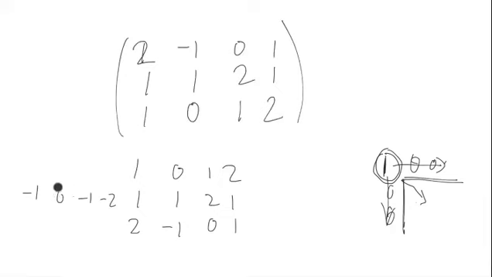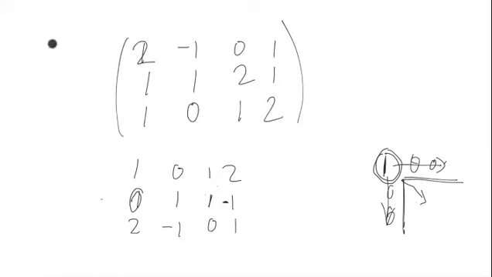As we do so, negative 1 and 1 is just a 0. A 0 and a 1 is just itself. Negative 1 and 2 turns into a 1. And then negative 2 and 1 becomes a negative 1. Okay, so we just successfully airdropped.